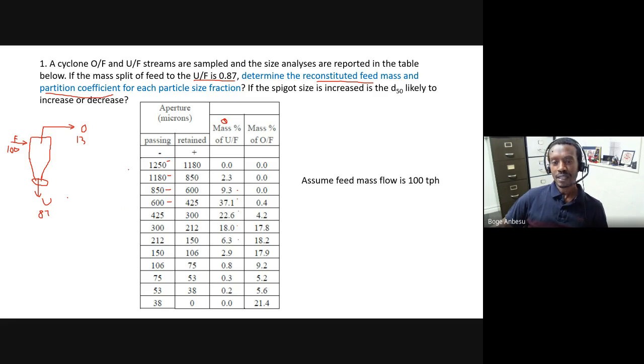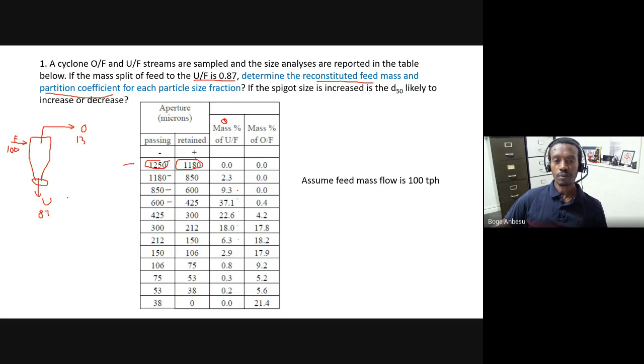To calculate the mean, what we need to do is sum this one with this one, and then take the average, so that will give us a mean. So 1250 plus 1180 divided by 2, we can get a mean here.